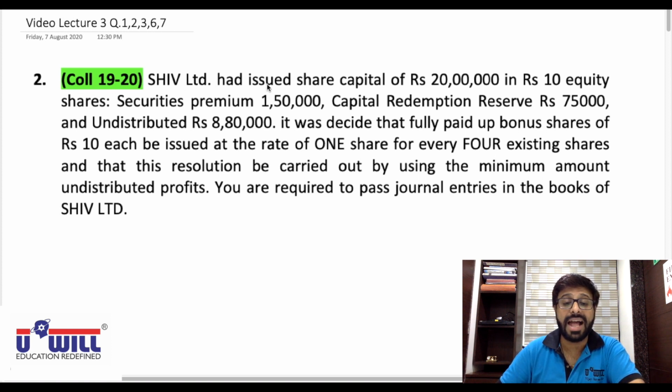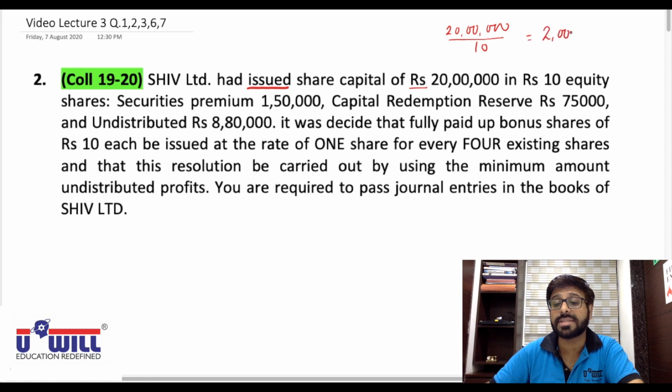Shiv Limited had issued, underline the word issued, share capital of rupees 20 lakhs in rupees 10 equity shares. So 20 lakhs divided by 10. How many shares would be issued by the company? 2 lakhs.